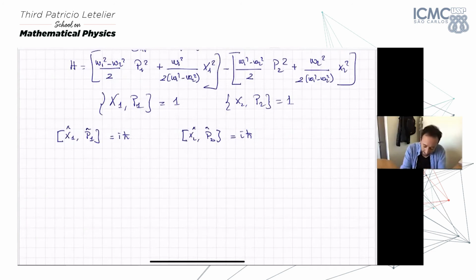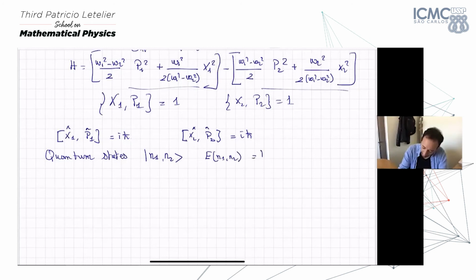We know what the energy is. So we will have some quantum state, which is going to be characterized in this case by 2 numbers, because we have 2 harmonic oscillators. And the energy, which will depend on these 2, will be, as we know, h bar omega 1 over 2, n1 plus 1/2, minus h bar omega 2 over 2, n2 plus 1/2.